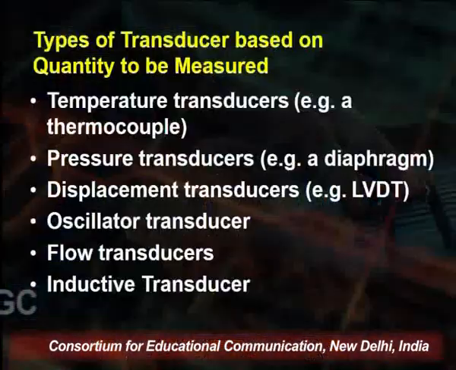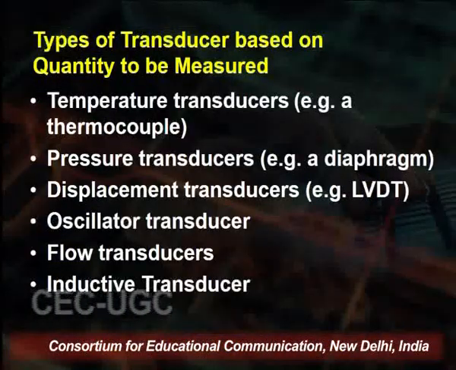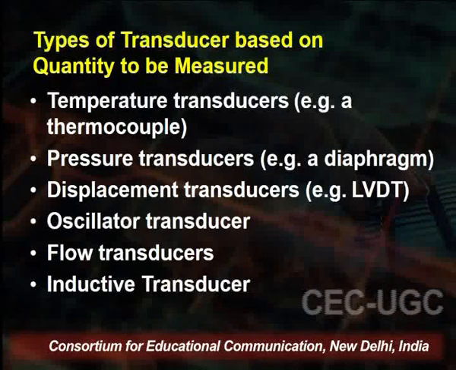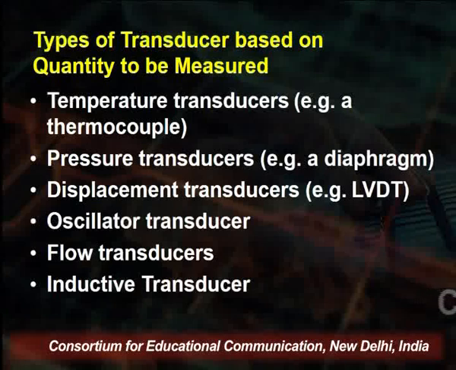Now, another type of transducers we can define on the basis of the quantity which we are measuring. As we discussed, we use the temperature and convert it into the electrical signal. So what type of transducer do we use? We use a thermocouple, and that type is a temperature transducer. Here we are distinguishing the transducer on the basis of the physical quantity.